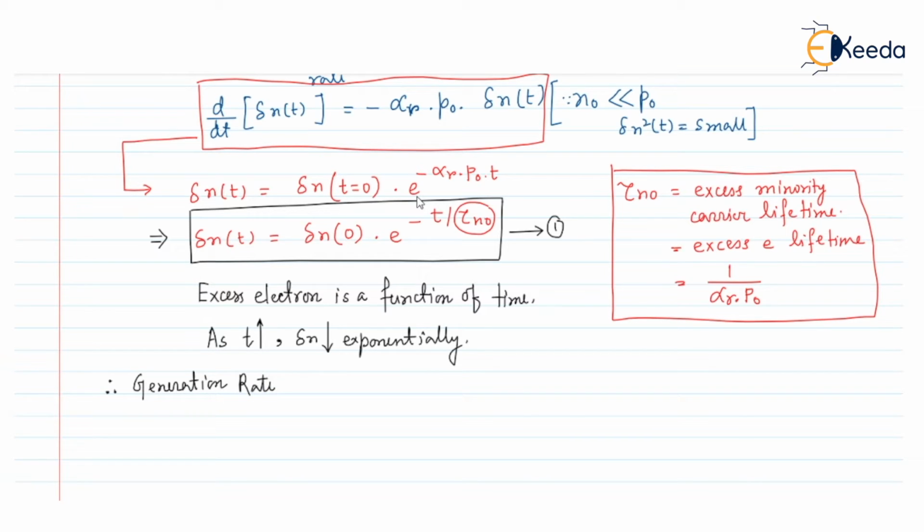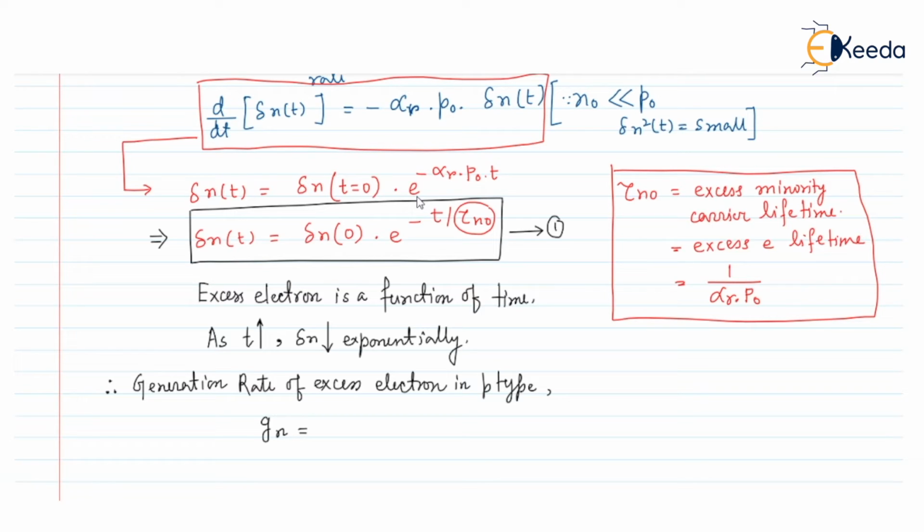rate, if we want to find the generation rate of these excess electrons that has been generated in the p-type, it can be written as Gn.